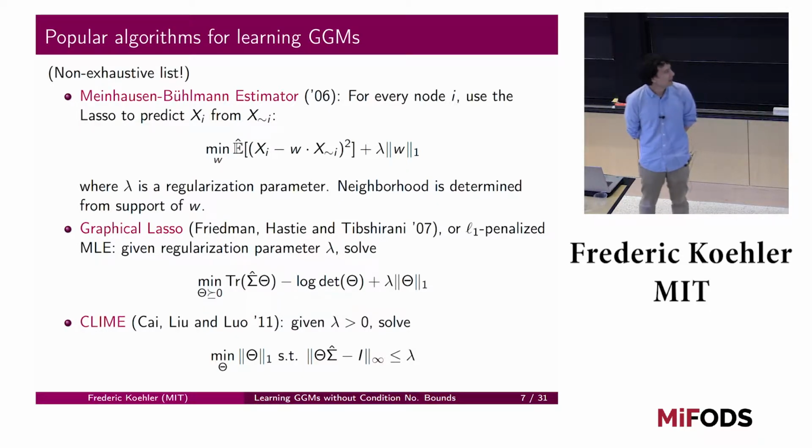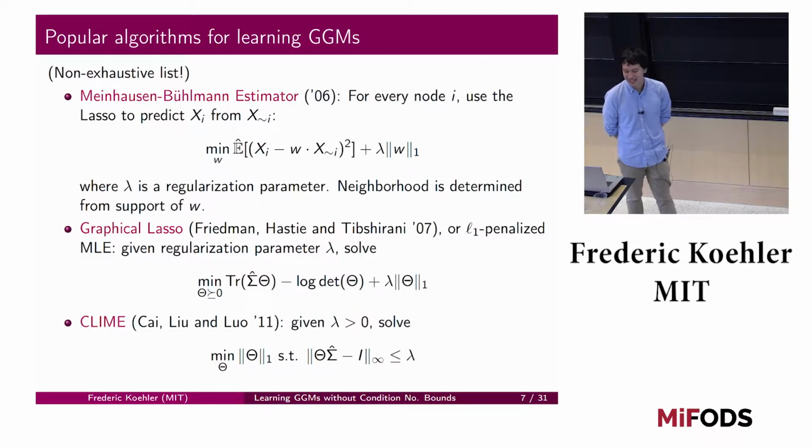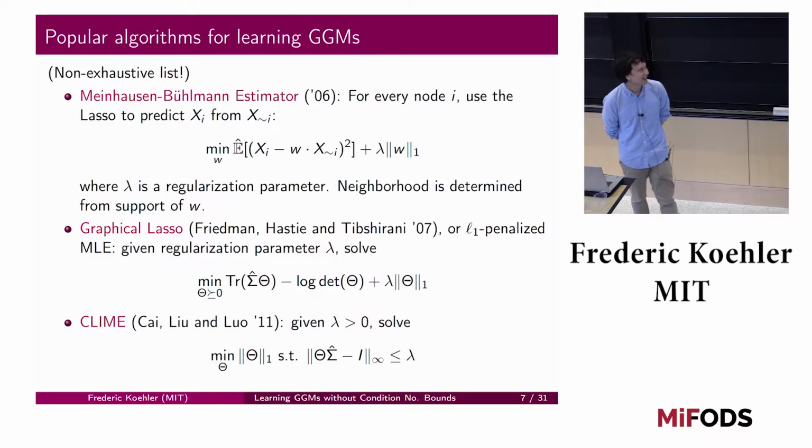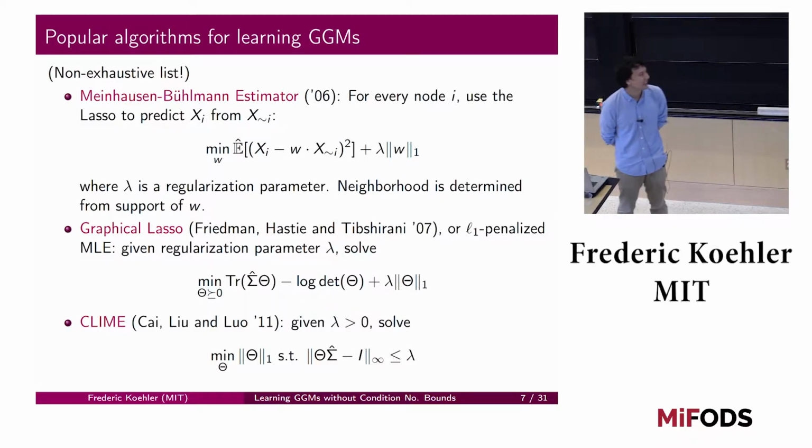I think the most popular method in practice is the graphical lasso. Like Mark mentioned yesterday, in Ising models we cannot compute the normalizing constant, which means we can't use methods based off maximum likelihood. But for Gaussian graphical models, we know it's just some kind of determinant, and so you can actually formulate the maximum likelihood program. It doesn't really make sense to run that normally if you have fewer samples than the dimension.